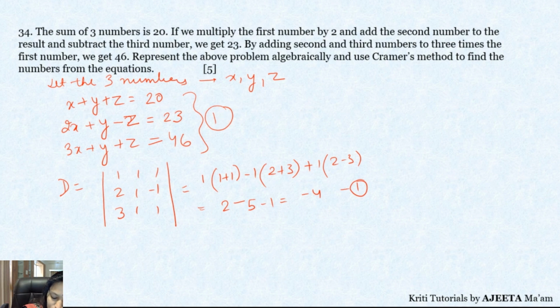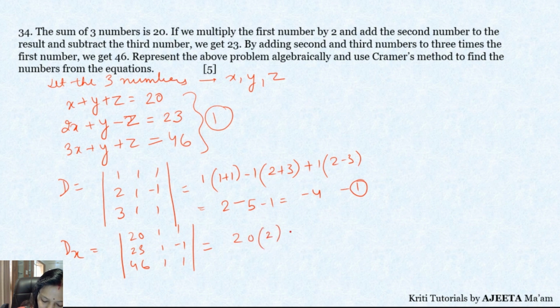Okay, fine. Now here we get now Dx. So you will replace x with 20, 23, and 46. Then 1, 1, 1, 1 minus 1, 1. Okay, now let's solve this.